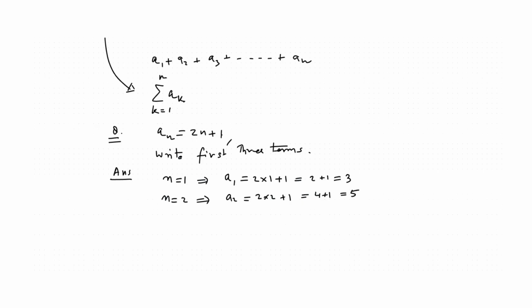Similarly, n is equal to 3, I would get A3 as 2 into 3 plus 1. And what would I get? 6 plus 1 as 7. So what are my first three terms? Our first three terms are 3, 5, 7, which are my A1, A2, A3.